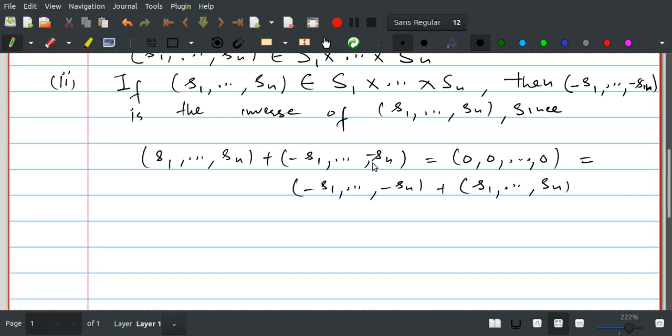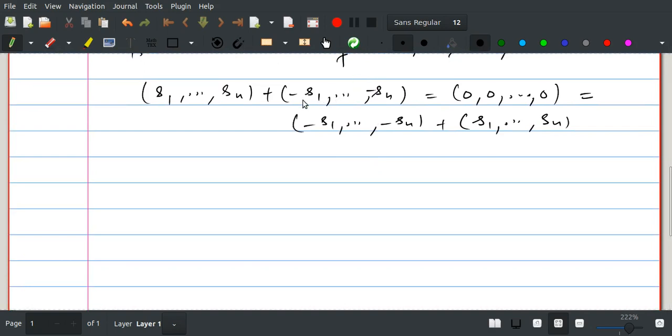So this serves as the inverse of this element.